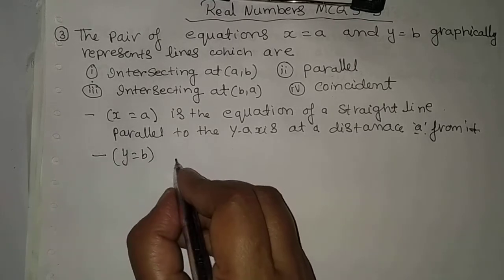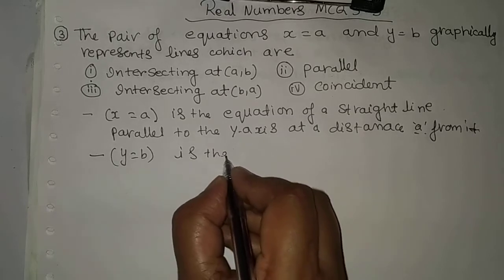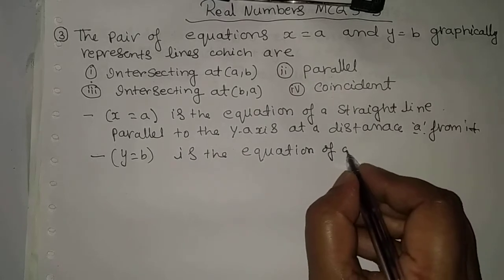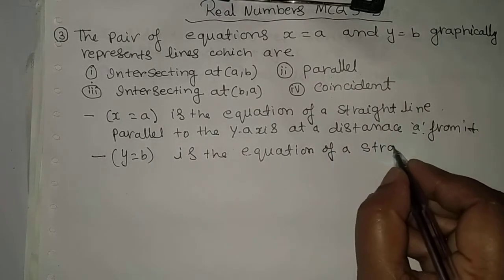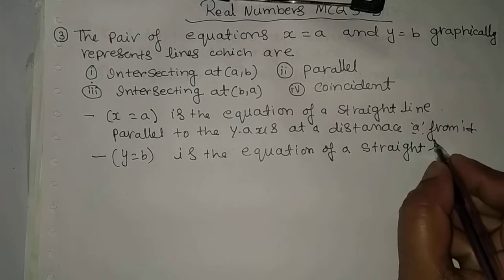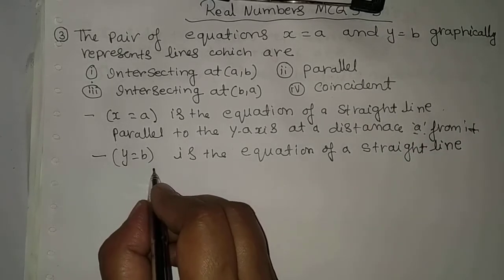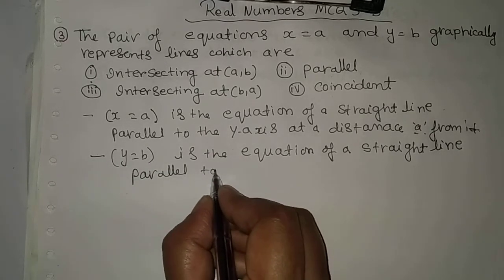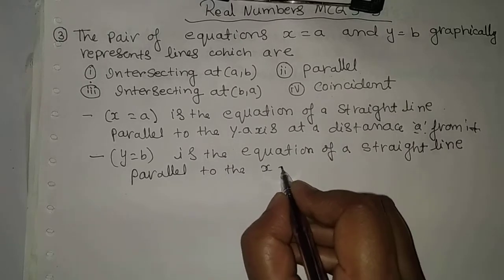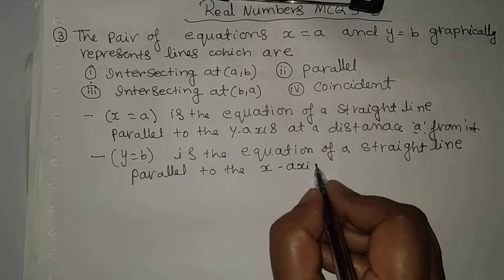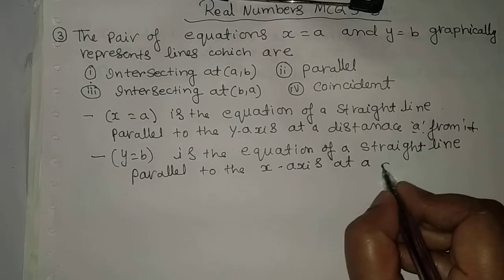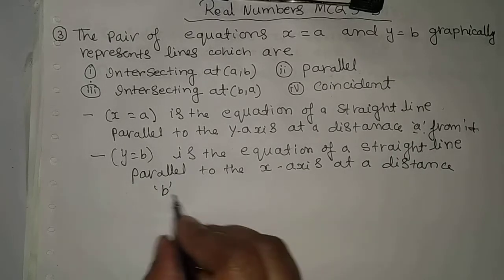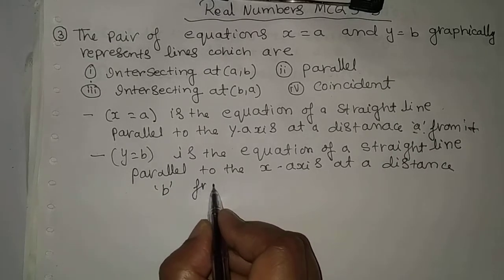The next point is the same thing: y is equal to b is the equation of a straight line parallel to the x-axis at a distance b from it.